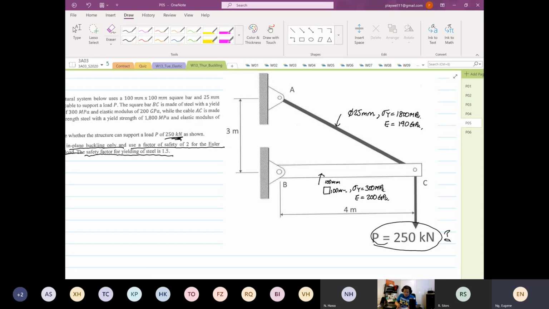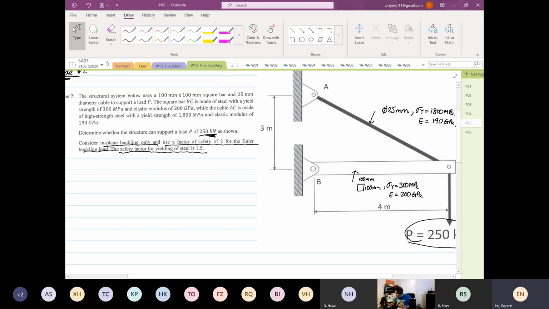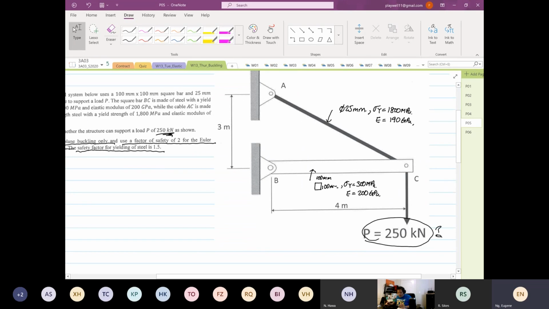So now we have all this information, right? We're going to see if the structure is able to support. So the structure is going to fail. It's possible to fail in 2 ways.